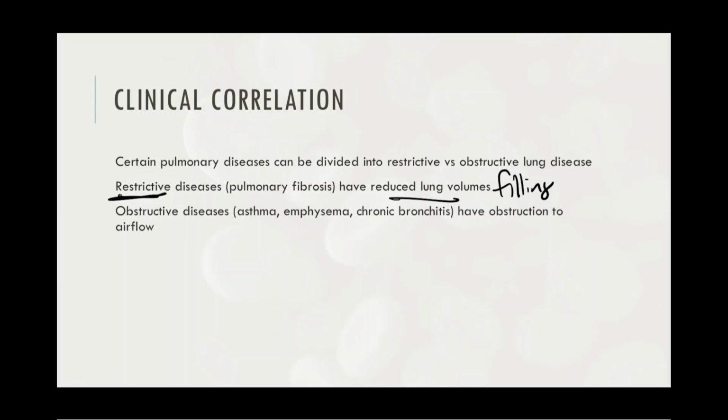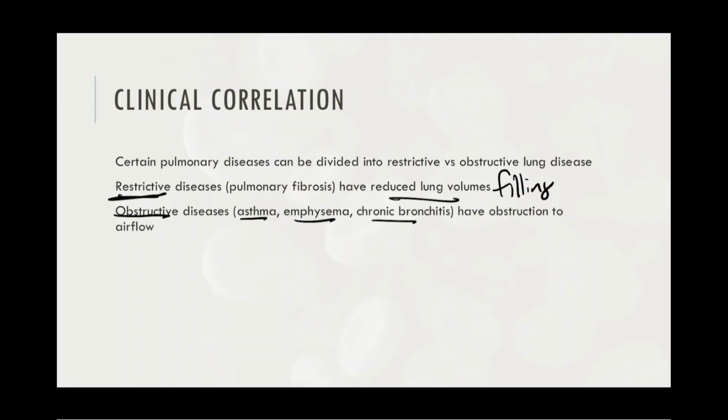Something is restricting the lungs from expanding. Okay? The other type are the obstructive diseases, asthma, emphysema, chronic bronchitis. Those are all chronic obstructive pulmonary disorders, COPD. They're obstructing flow.